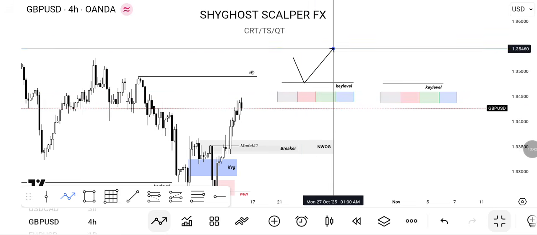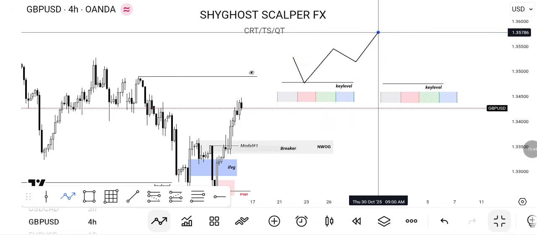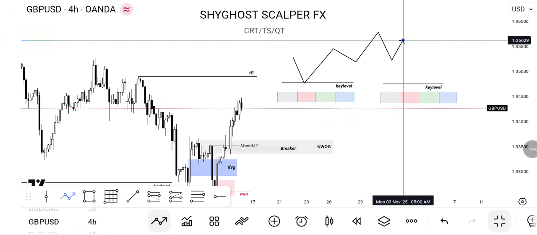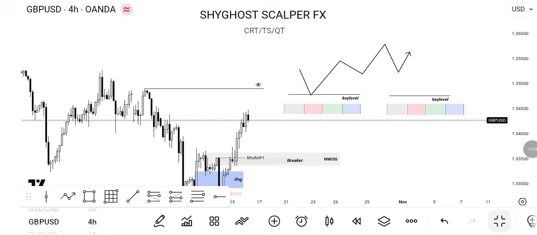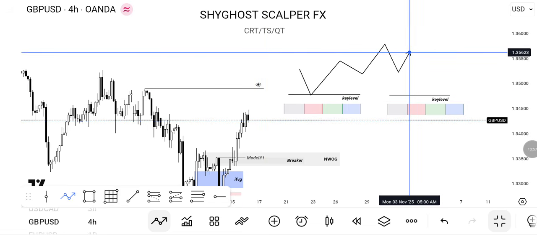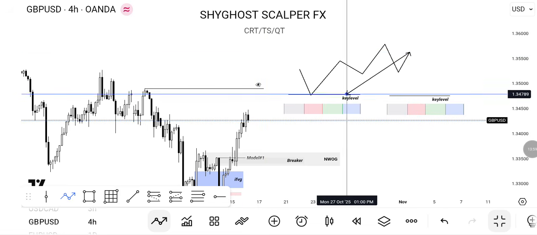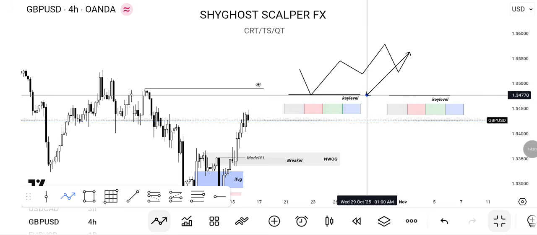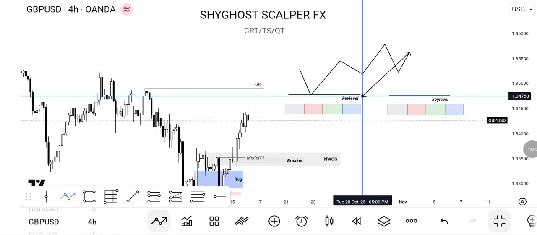So it's moving, it's doing its thing, and then as it gets in Q2 again on another cycle, it's doing this thing. It's coming to test this key level, right? So this key level and this key level is the same thing, right?